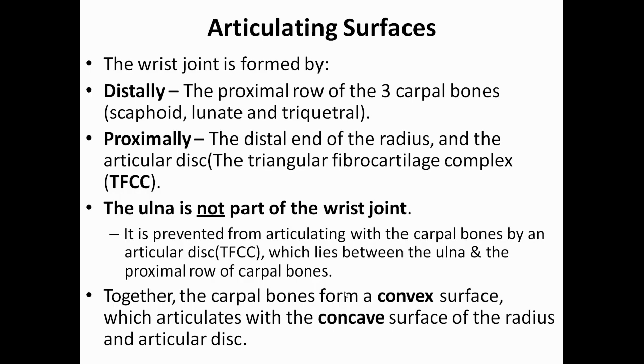It is prevented from articulating with the carpal bones by an articular disc which lies between the ulna and the proximal row of the carpal bones. This articular disc is called the triangular fibrocartilage complex. Together, the carpal bones form a convex surface which articulates with the concave surface of the radius and articular disc.